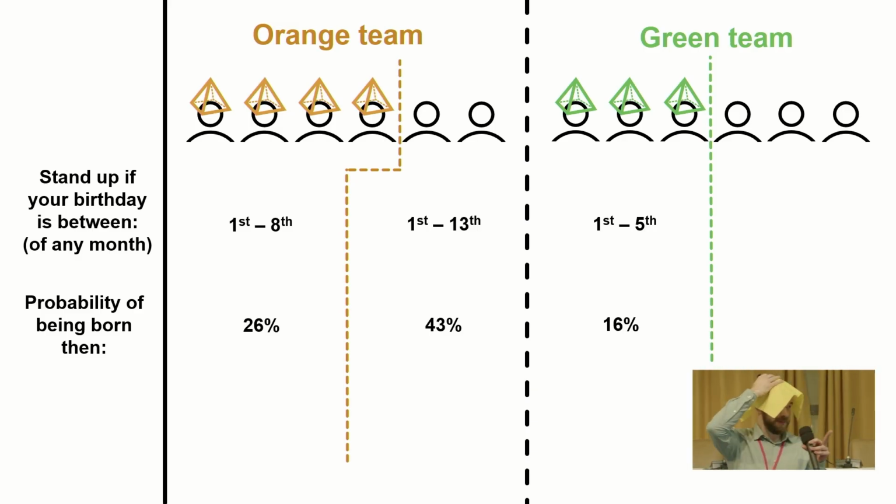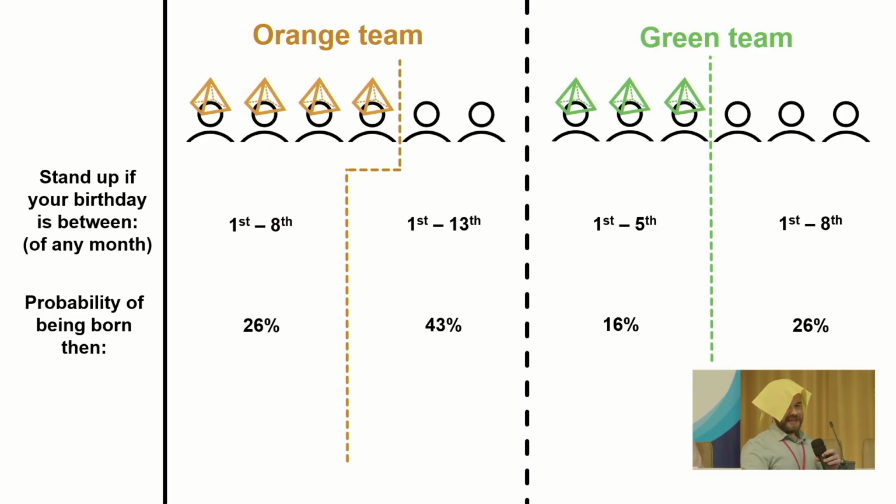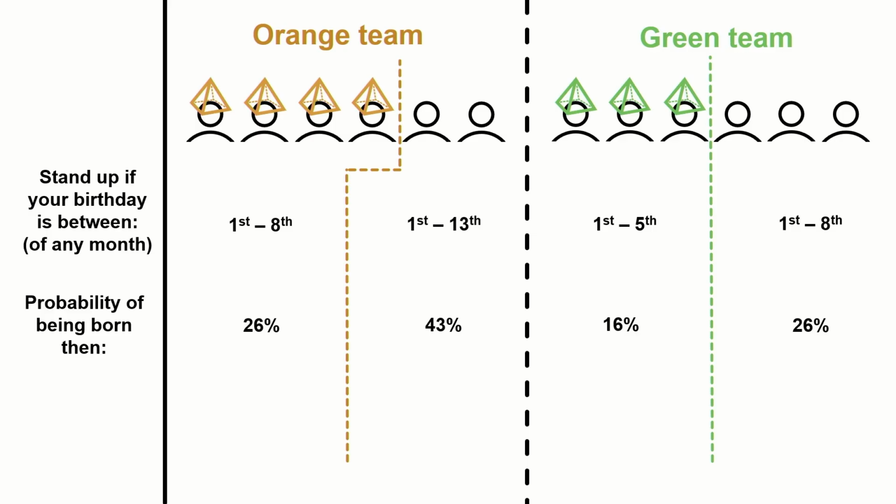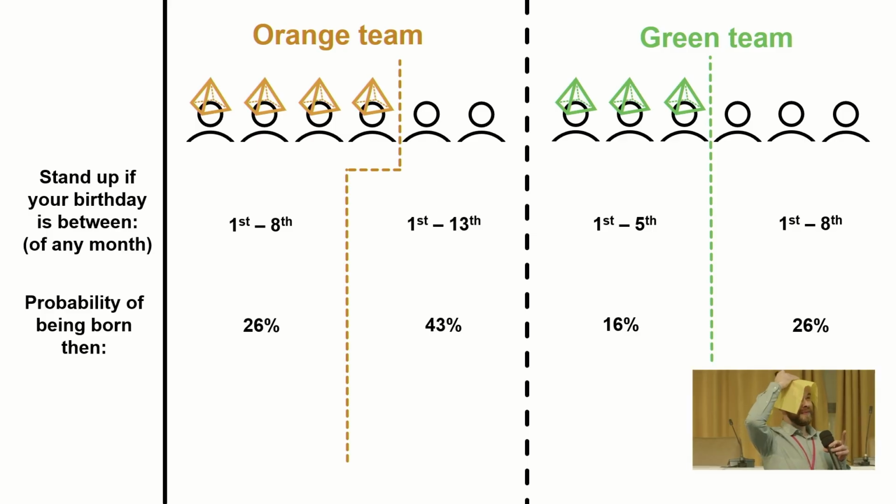So you had a 16% probability of being born then. And I can go to the next slide. Now, for people who don't have an ITN on the green team, please stand up if you were born between the 1st and 8th. Again, of any month. Okay? Hoping this will work.